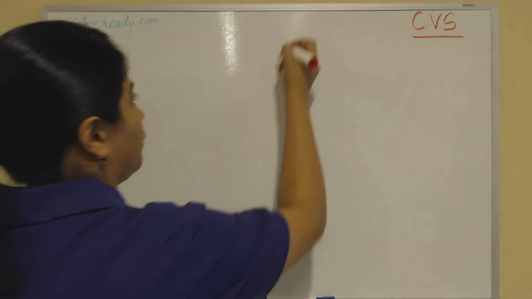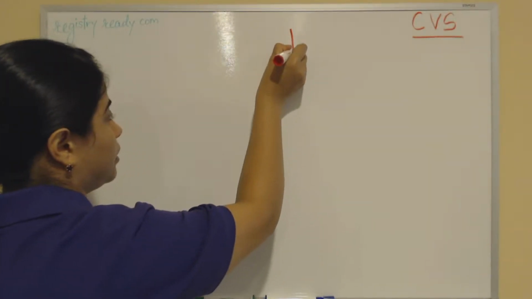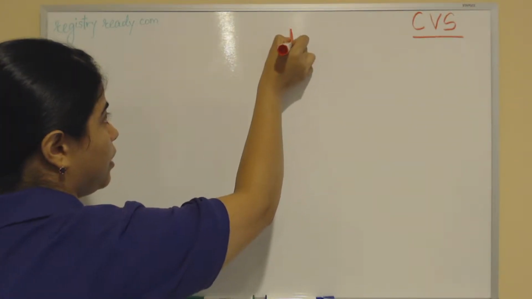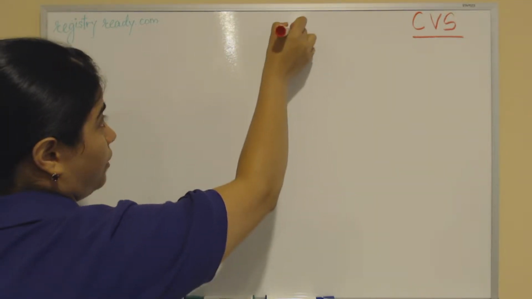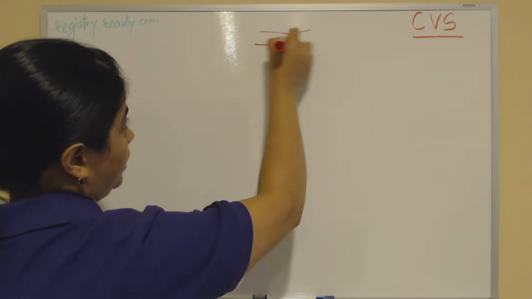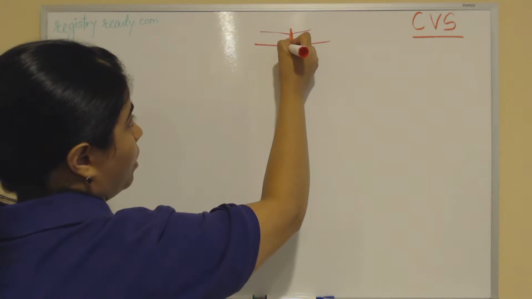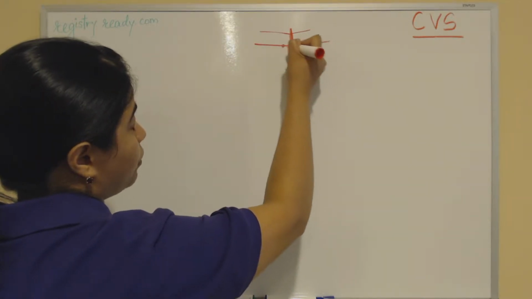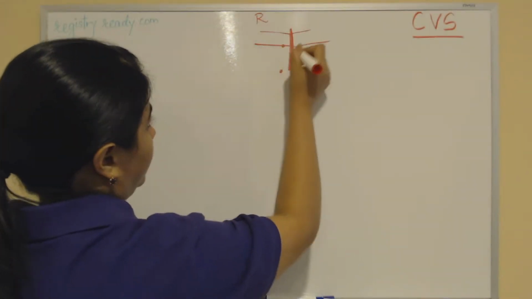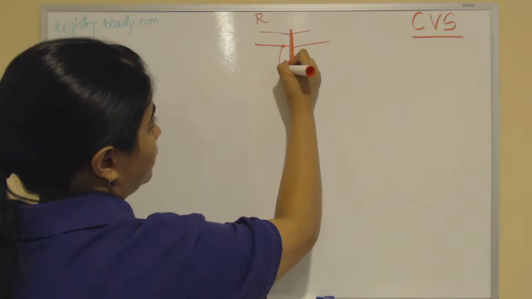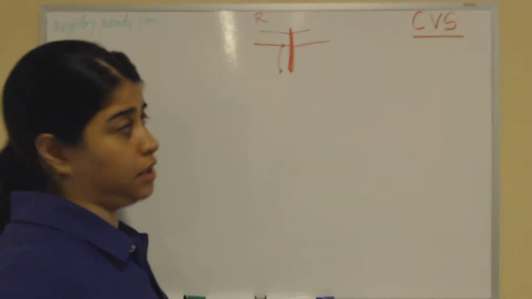Now, marking the borders of the heart, if we take a look at the surface anatomy, imagining this to be the sternum and the ribs that pass out on each side, if we mark the third intercostal cartilage and the fifth intercostal cartilage on the right side and join these two lines, this forms the right border of the heart.